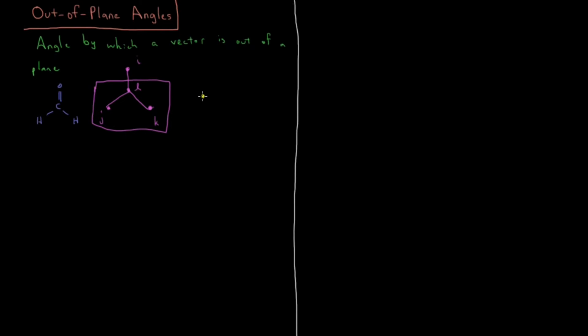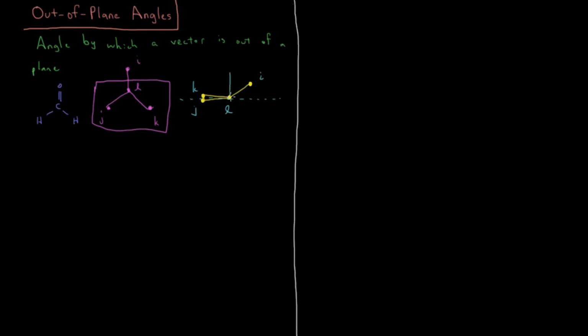We could have another situation where I draw the plane here, and let's imagine I have some distorted geometry. I can define a vector going through the plane. Then I have the plane of the 3 atoms J, K, and L, with atom I up there.